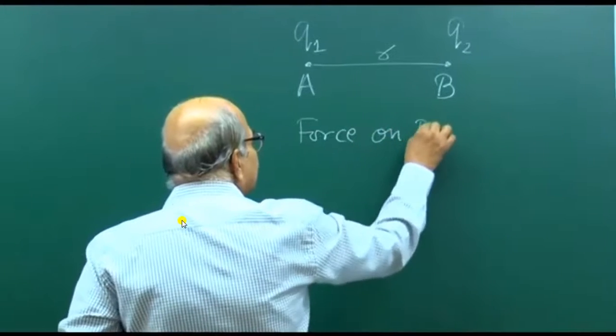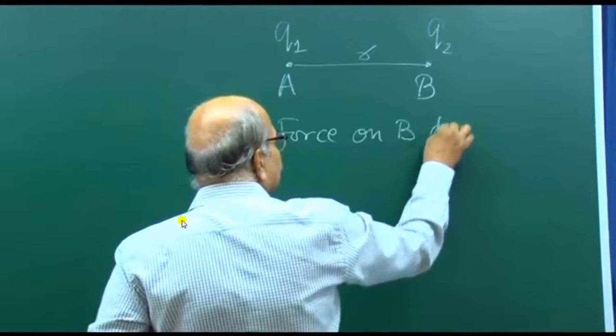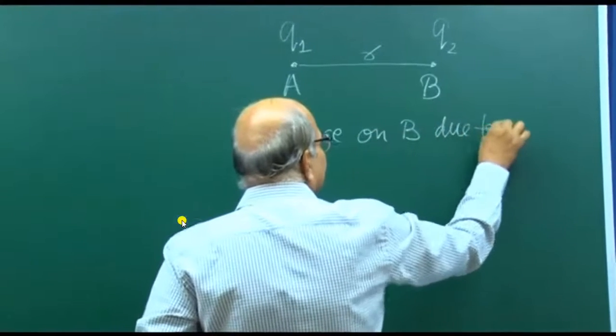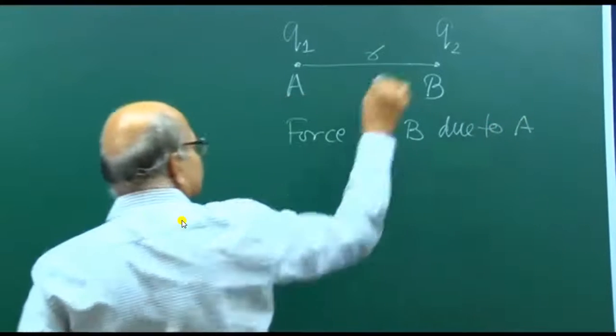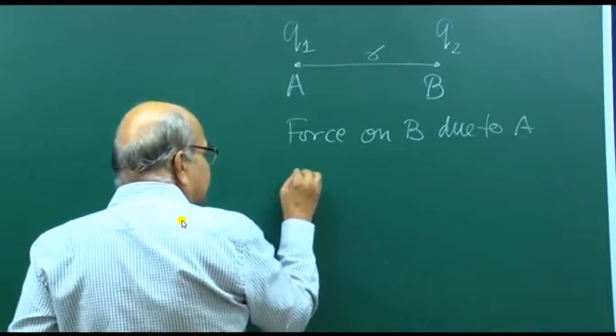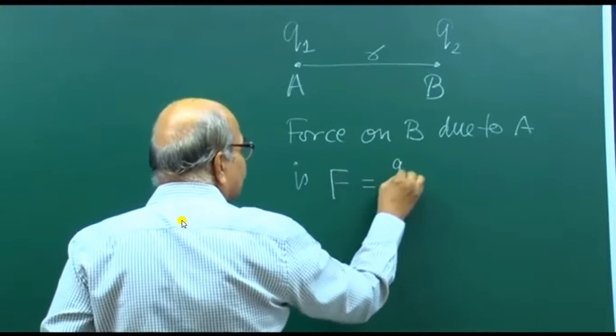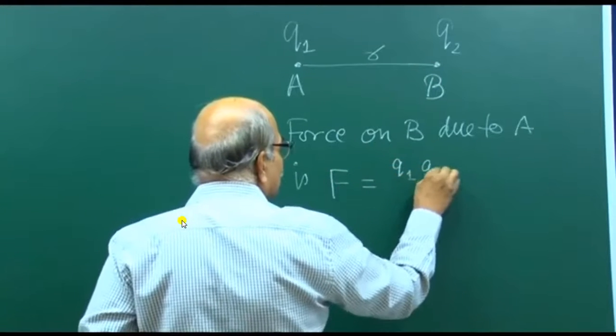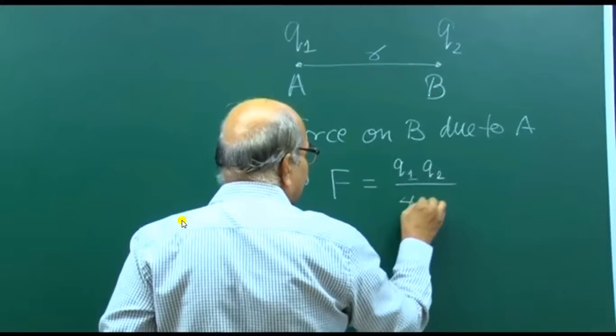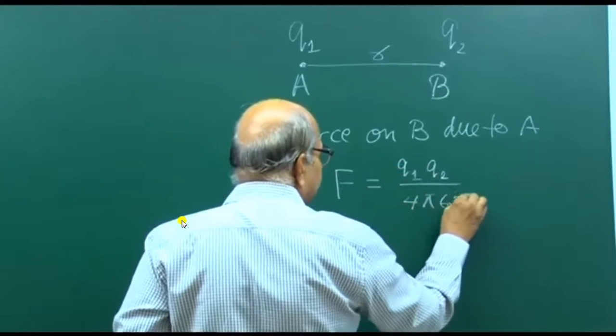So, if that happens, then the electrical force on B due to A is given by F equal to Q1 Q2 over 4 pi epsilon naught R square.